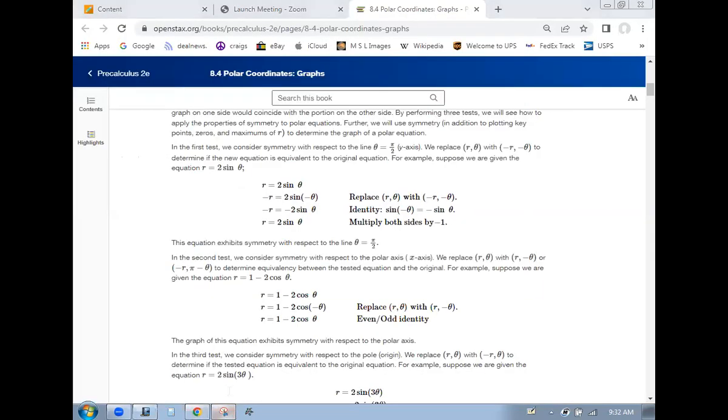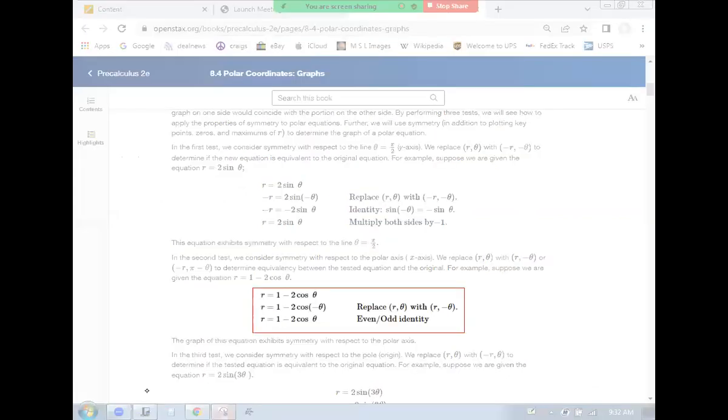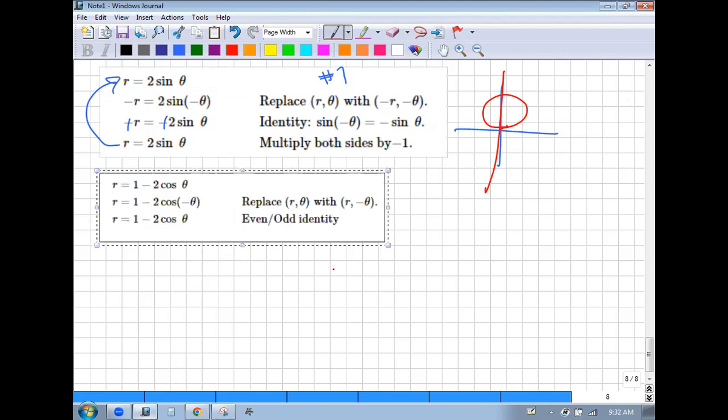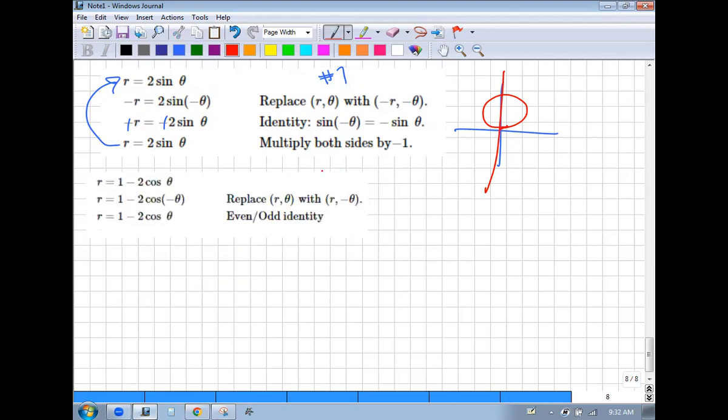Here's a different example. This is test number 2. We're testing a different equation for symmetry about the x-axis, right? So if we replace just theta with a negative, cosine's even, so I could just throw that away.